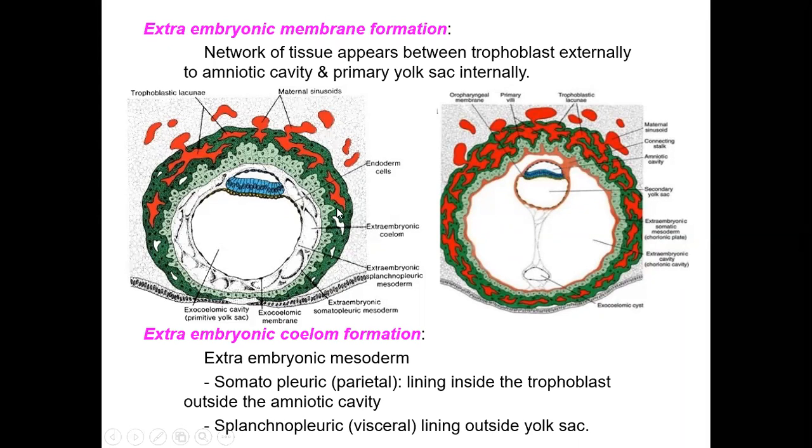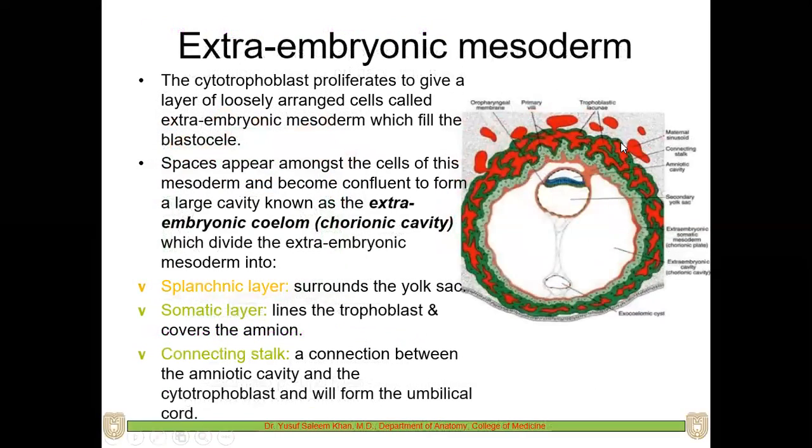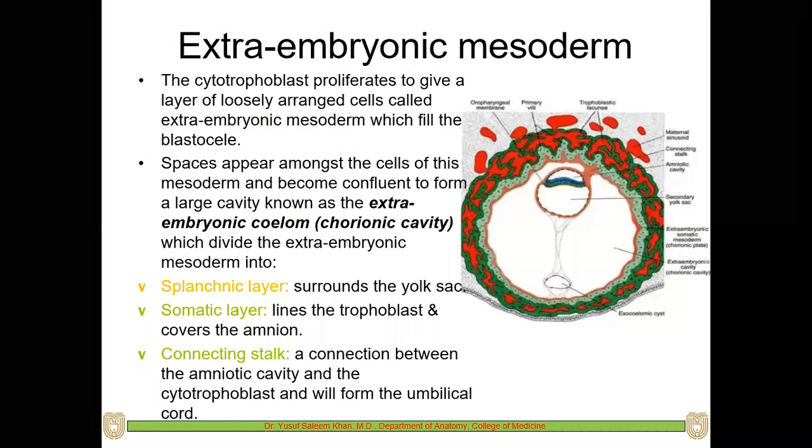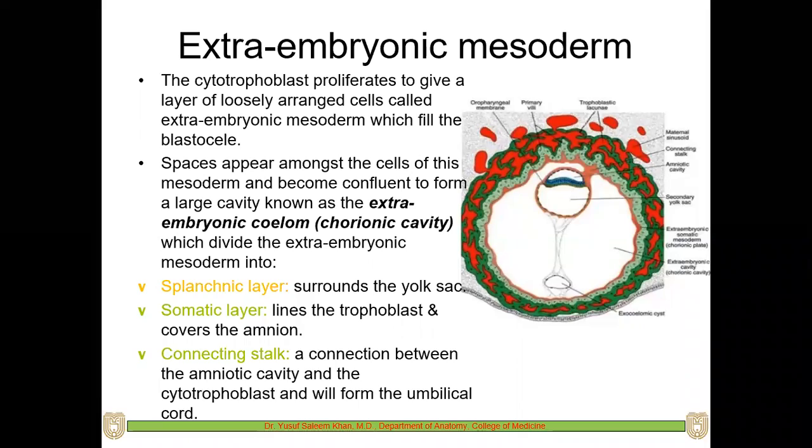Now this whole cavity is covered by this big cavity called the extraembryonic cavity or chorionic cavity, and it is only connected by a small structure called the connecting stalk. We'll talk about that. Now the extraembryonic mesoderm: the cytotrophoblast proliferates to give a layer of loosely arranged cells called the extraembryonic mesoderm, which fills the blastocele.